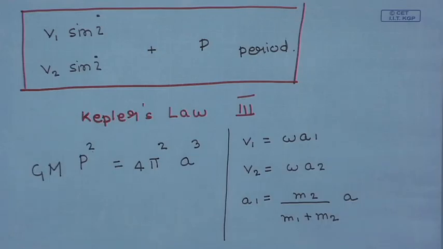Similarly a2 is M1 divided by M1 plus M2 into a. They are inversely proportional to the masses.